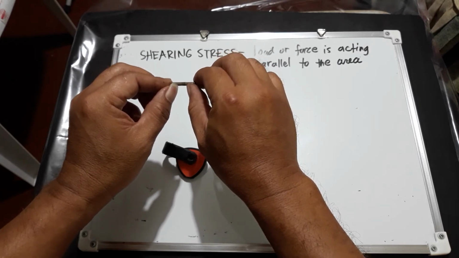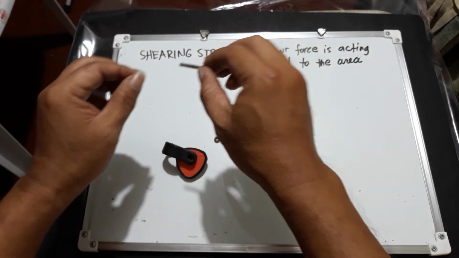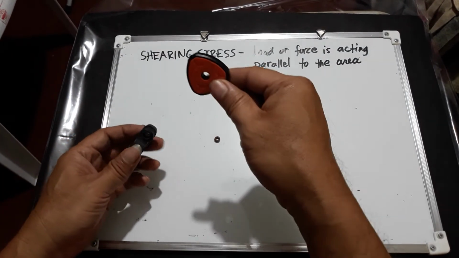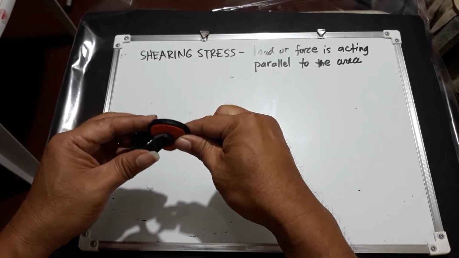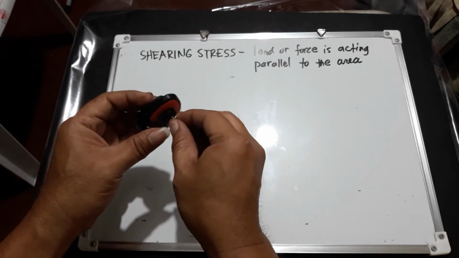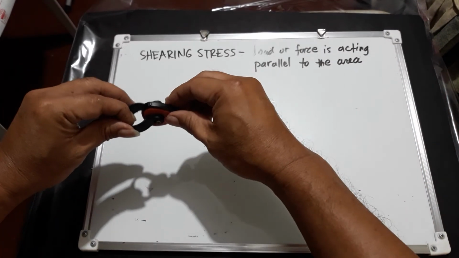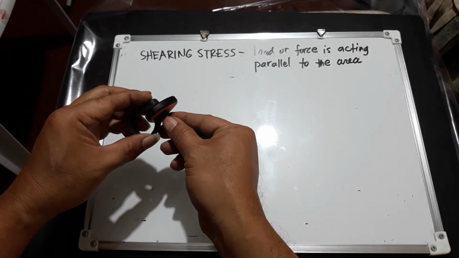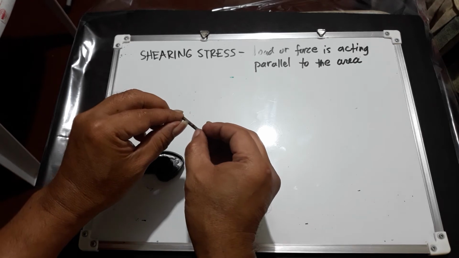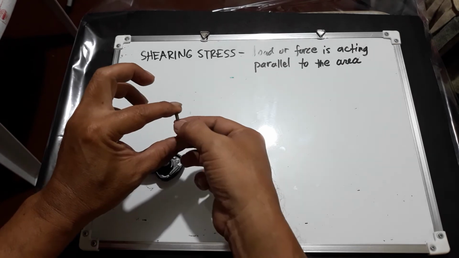But before it is being sheared, it will first of all experience a shearing stress. So if I am going to attach this there and held by means of this bolt, and I am going to pull it this way, so it means that there is a tendency that this bolt will be cut in two parts, in two locations, if the force is strong enough to cut this.